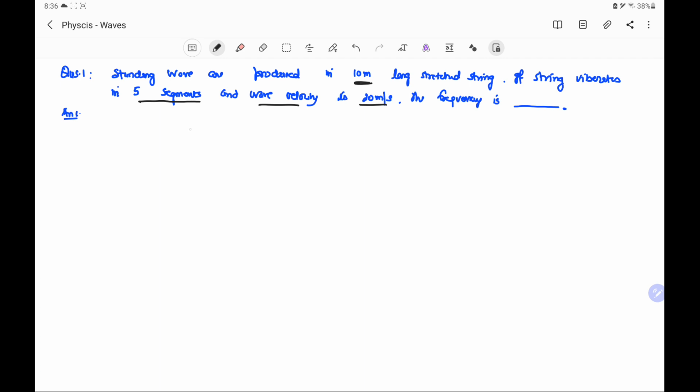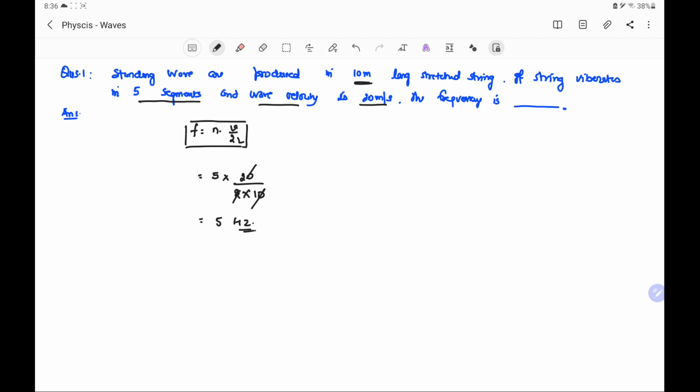And for n loops, we know the frequency f equal to n into v by 2l. This formula we have already discussed. Using this formula, the number of segments or loops is 5, velocity of wave is given as 20 meters per second, divided by 2 into the length of the string, which is given as 10 meters. So this 20 gets cancelled by 20. So the frequency will be 5 hertz.